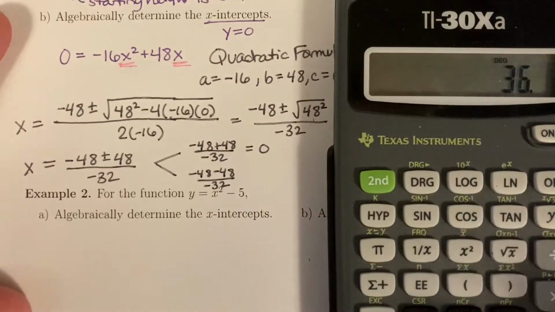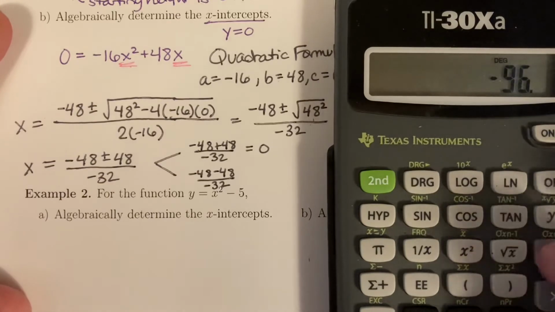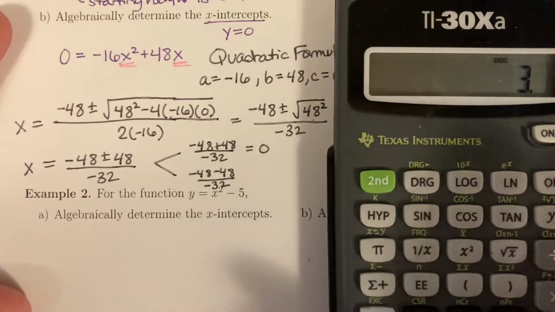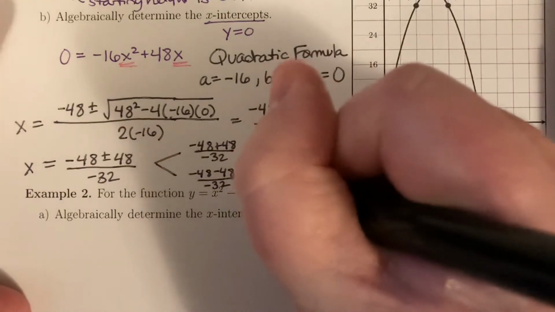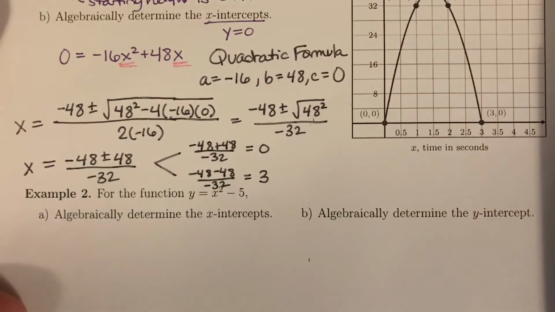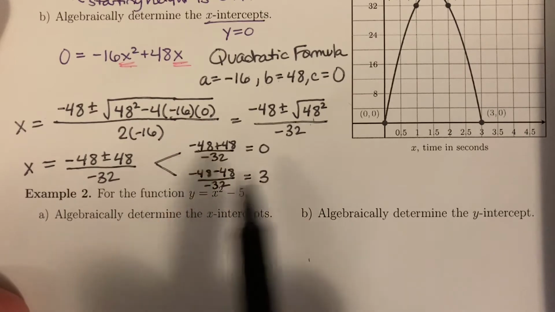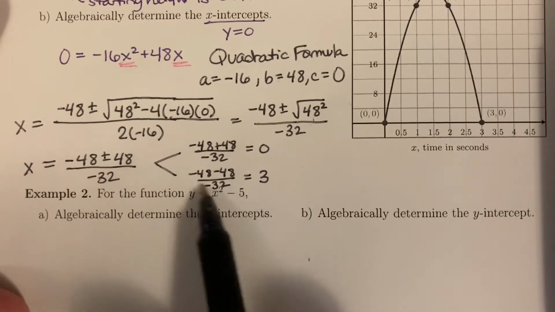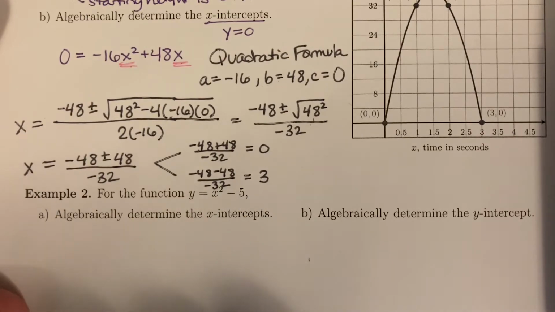I need 48 negative minus 48 equals divided by 32 negative equals, I got 3. So as long as you're writing down what you're putting in the calculator, it's fine to use calculators, but I need to see that this is what you're typing in.